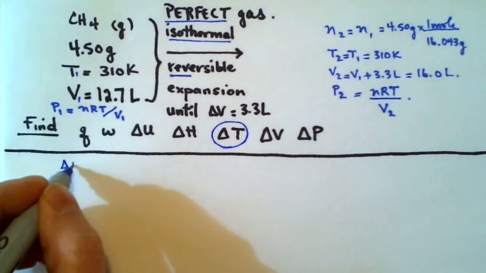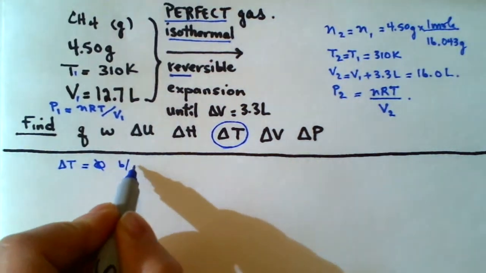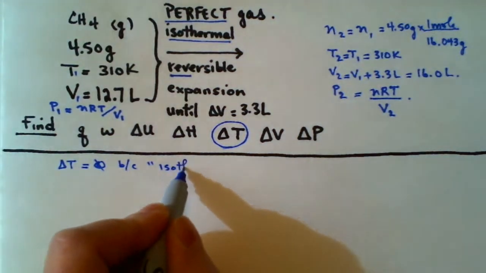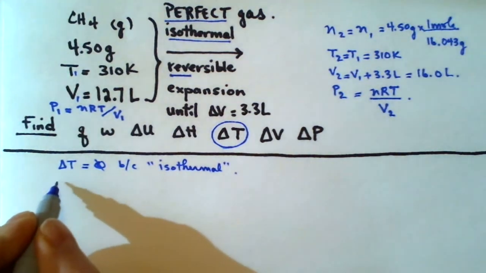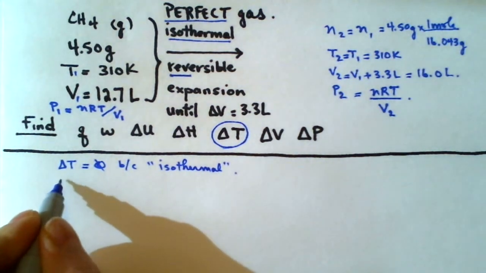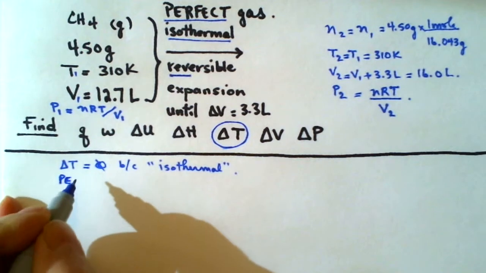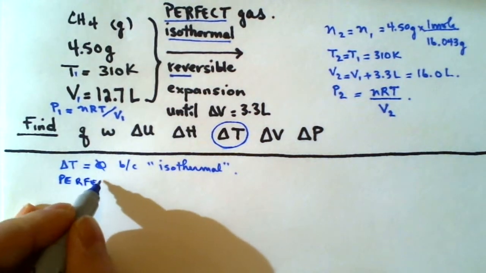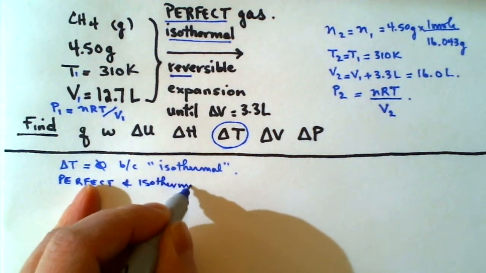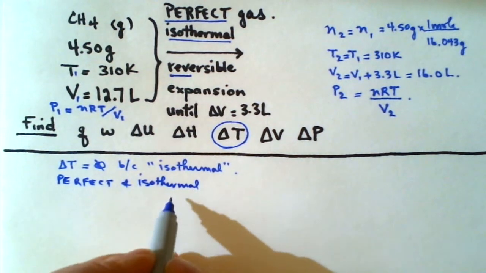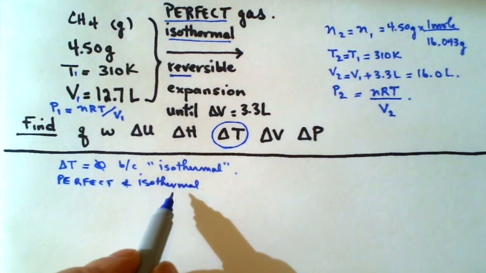Delta T. So delta T is equal, of course, to 0, and that is because the change is isothermal. Now, because the system is perfect, and the change is isothermal, the only way that a perfect gas can change its internal energy is with an associated temperature change.